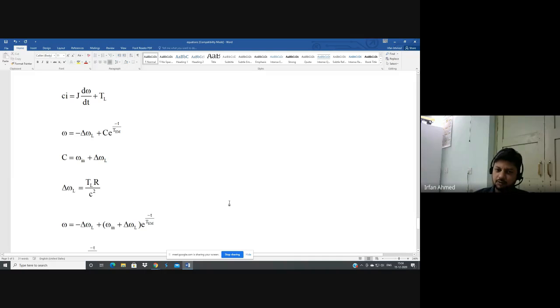If the motor is running at no load, then the initial speed is omega 0, and if it is running under loaded conditions, then the initial speed is omega L, where omega L will be equal to omega 0 minus delta omega L. And we have to remember that here the initial speed is the speed at which the supply is disconnected and the braking resistance is connected, or the speed at which the braking is initiated.